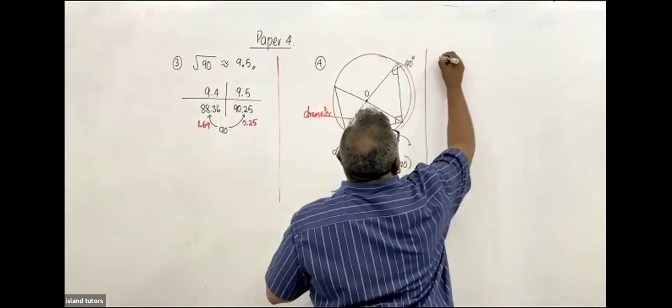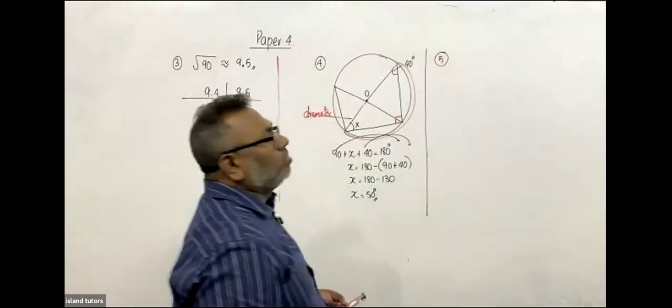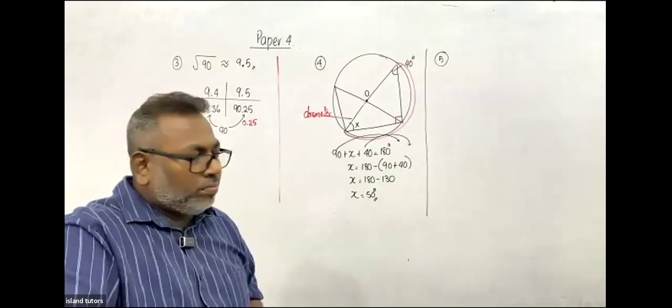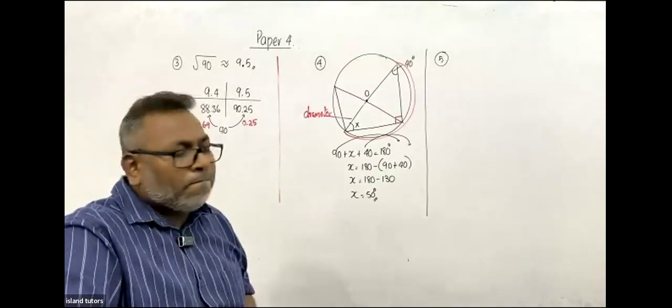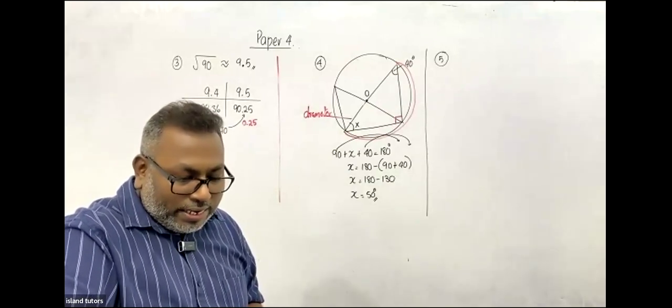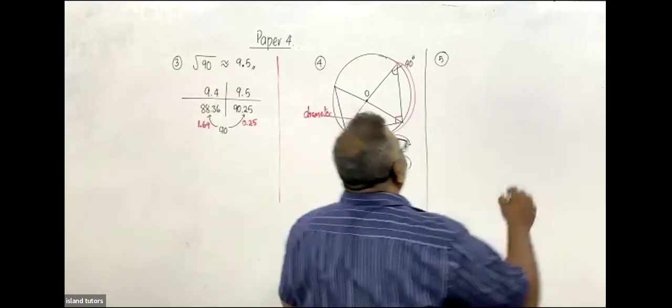Question number 5. In triangle ABC, so you have a triangle here.